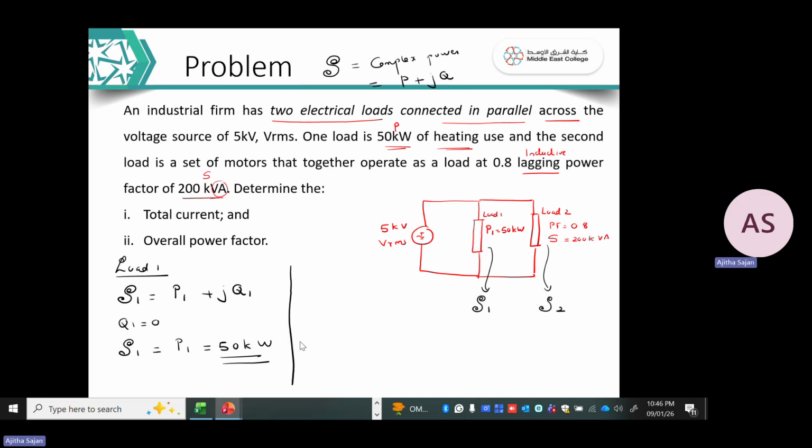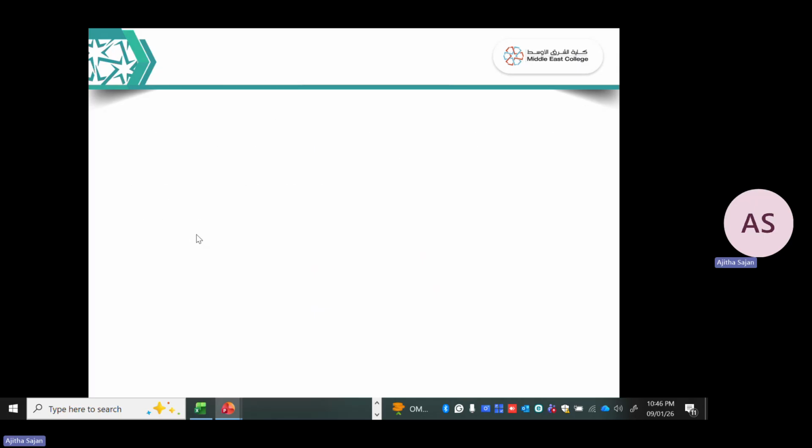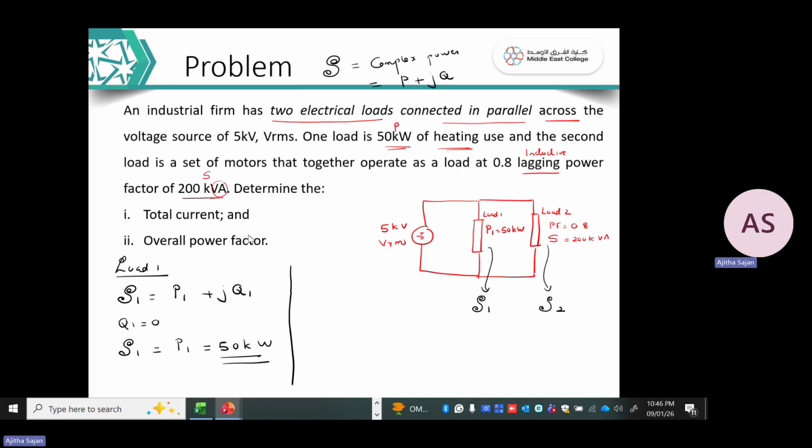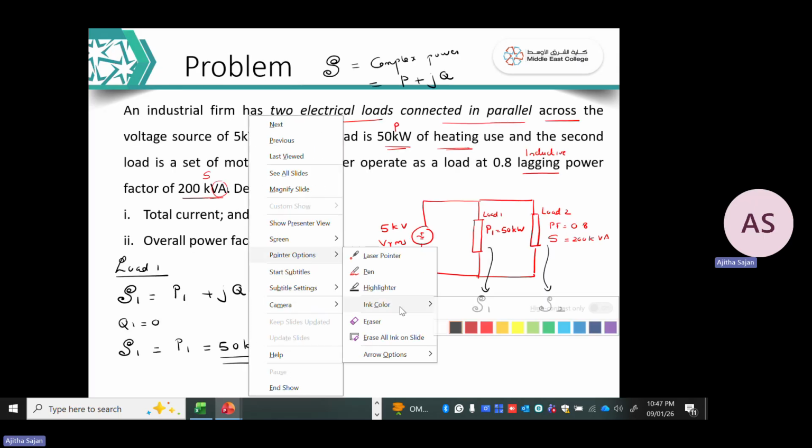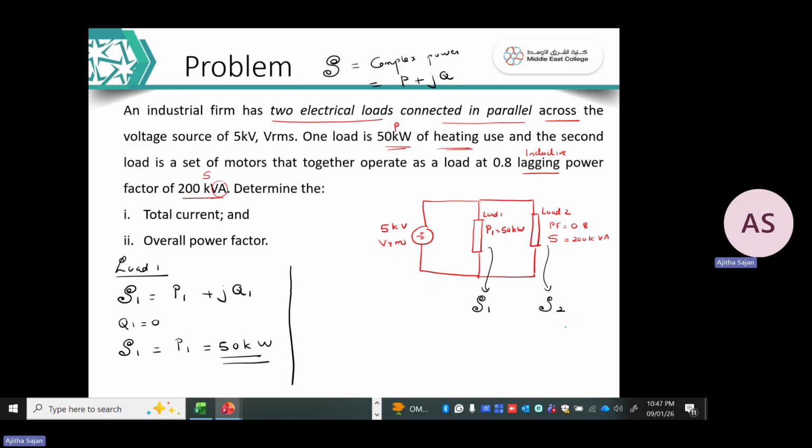Now for load 2. Let me write with another color to differentiate. For load 2, you have denoted the complex power as S2. It is nothing but P2 plus jQ2. And what is given here? Power factor is given, and you are aware of the equation.